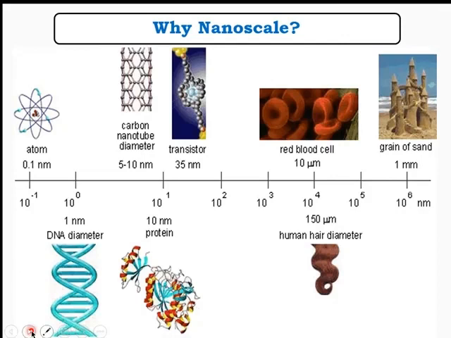There are various materials that we see, and they have different sizes. When we talk about the size of an atom, it is 0.1 nanometer, that is 10 to the power minus 1.